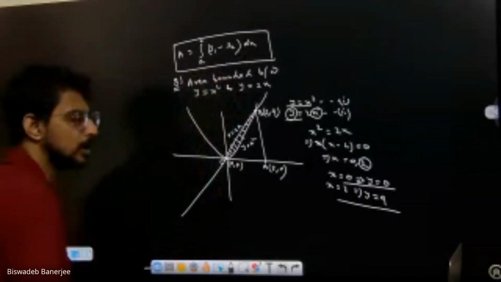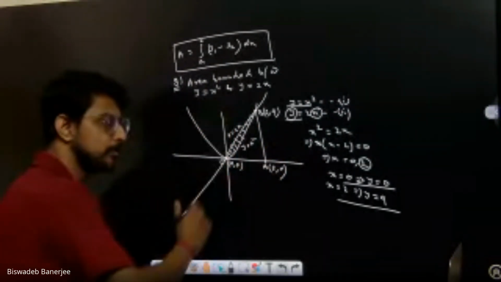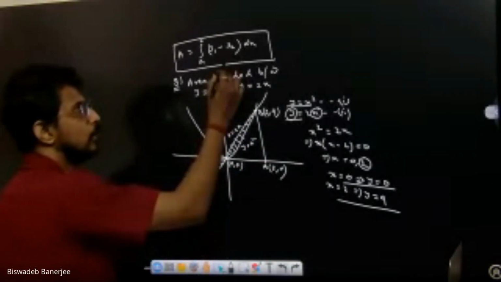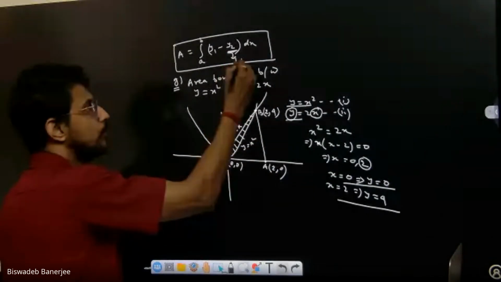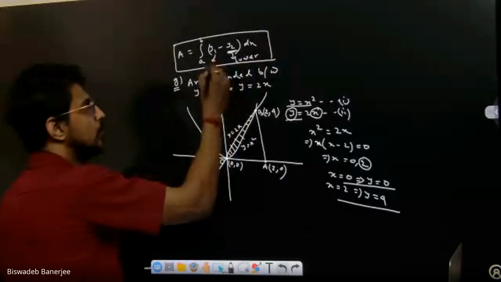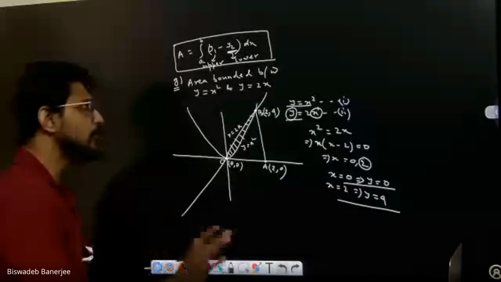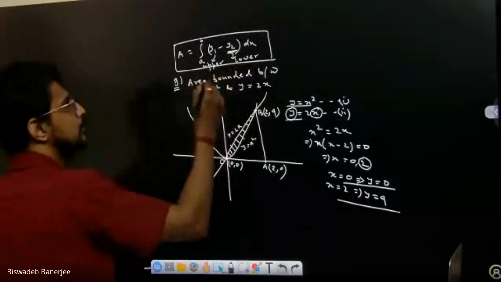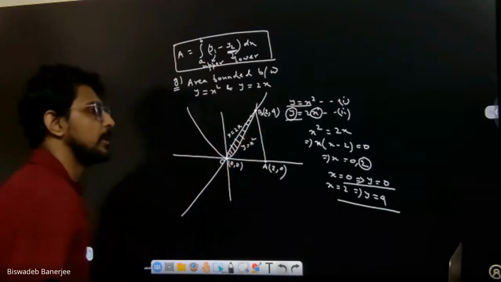What is y1? y1 is the curve that lies in the upper portion, and y2 is the curve that lies in the lower part. Always remember this trick: y1 lies in the upper part and y2 lies in the lower part.